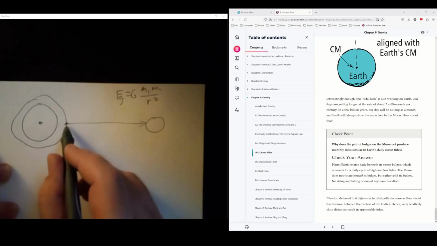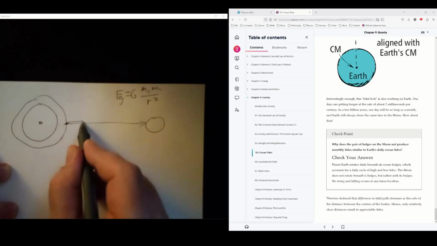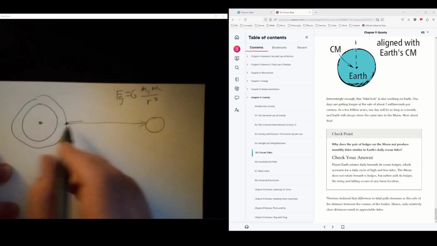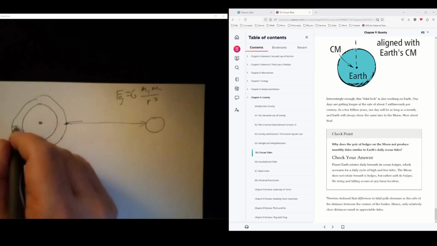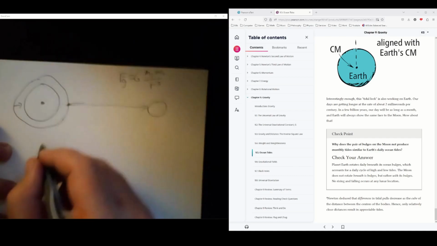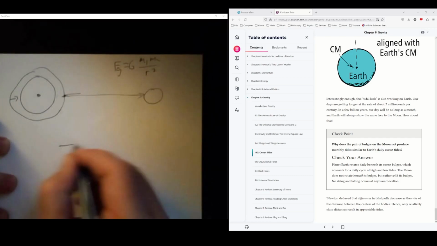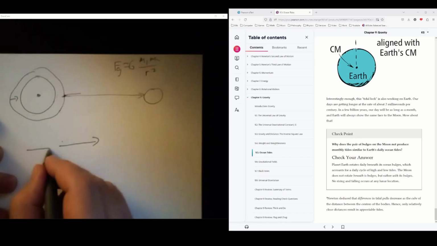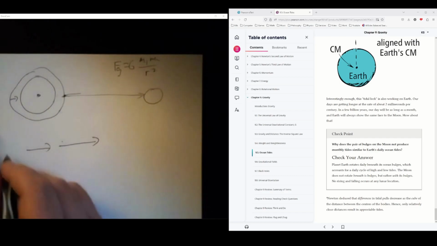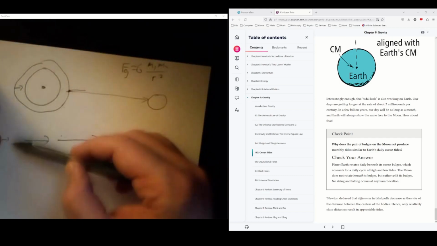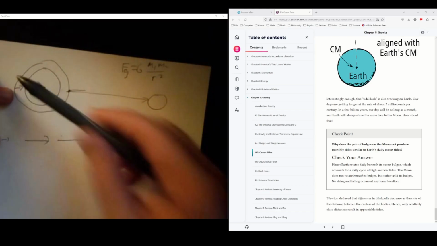And so that means the force here is going to be a little bit stronger than the force at the center of the Earth, and it's going to be even stronger than the force on the other side of the water over here. I'm going to exaggerate this, but this creates a large force at the water, a medium force at the center of mass of the Earth, and then a much smaller force at the other end of the Earth on the water there.